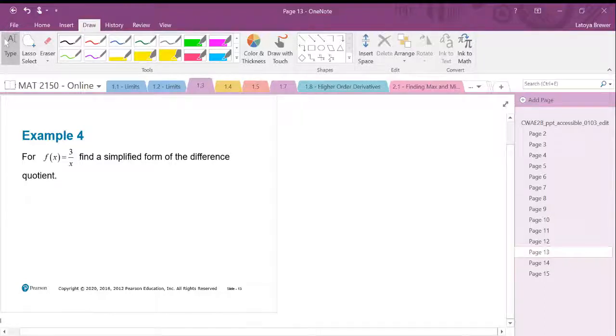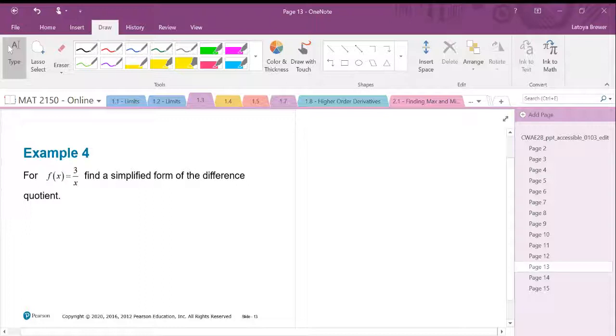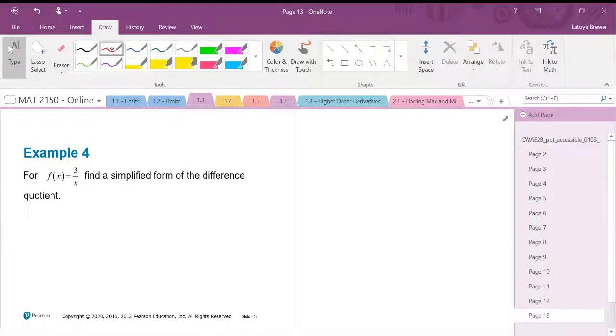I'm asked to find the difference quotient for y equals 3 divided by x. So we're going to use the same process, follow the same steps here. I know that if I want to find my difference quotient, I have to use f of x plus h minus f of x divided by h.